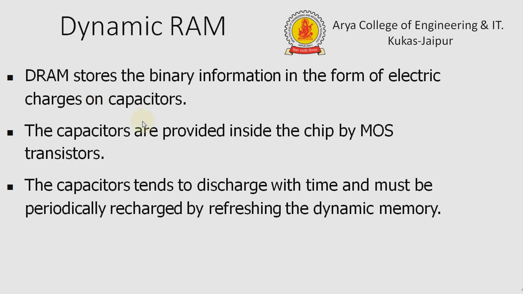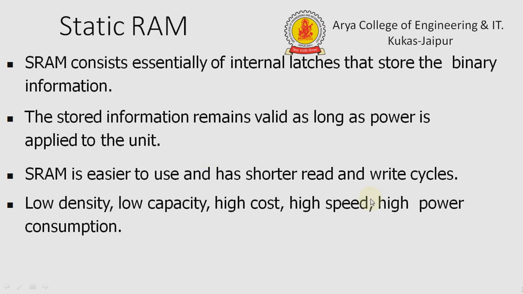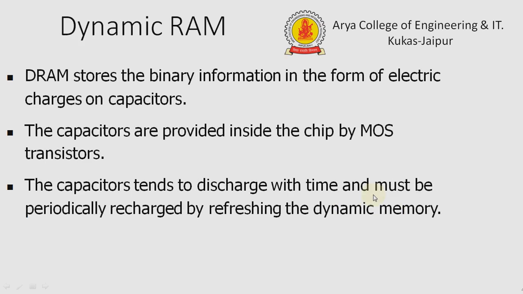It requires refreshing and control circuitry. A DRAM needs only one transistor per memory cell in comparison with SRAM. In SRAM, as we studied, it requires 6 transistors per memory cell, and hence its packaging density is high.